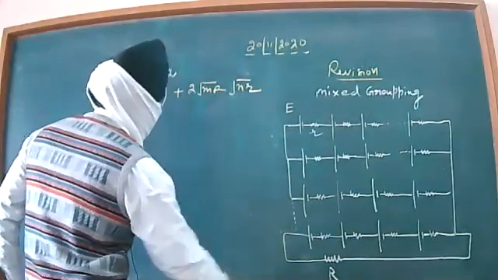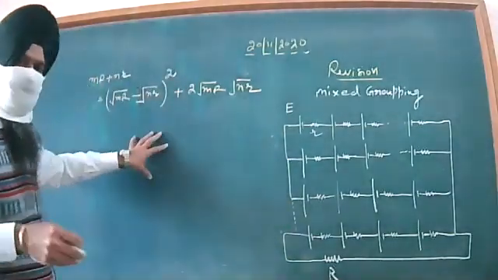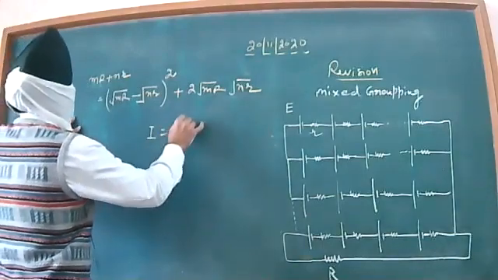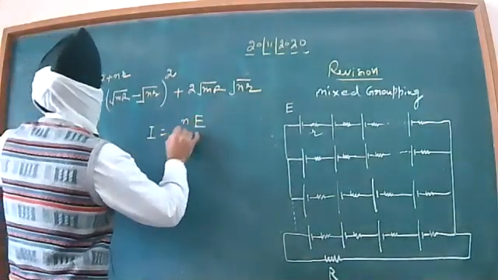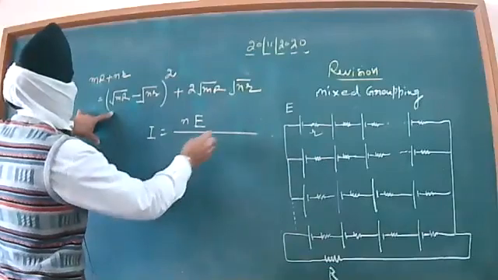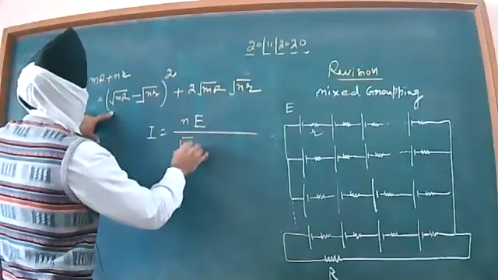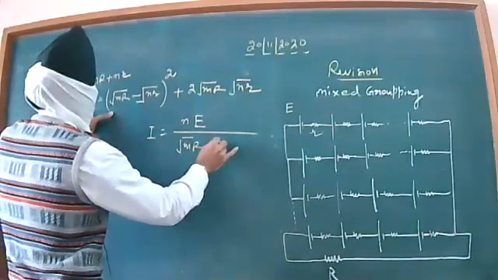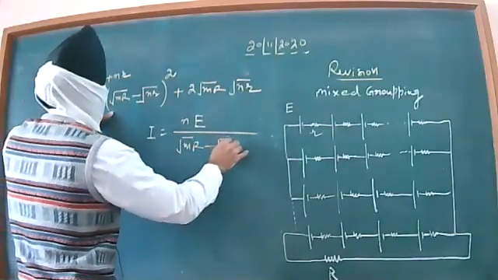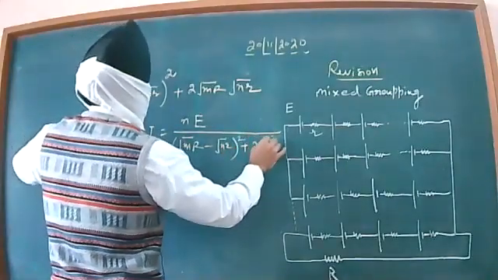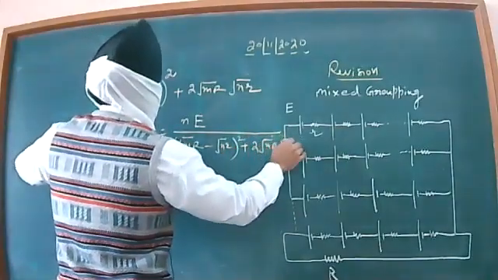Now, in the denominator of the expression for the electric current, I can say that I is equal to mE upon, in place of mR plus nr, root mR minus root nr complete square plus 2 root mR and root nr.